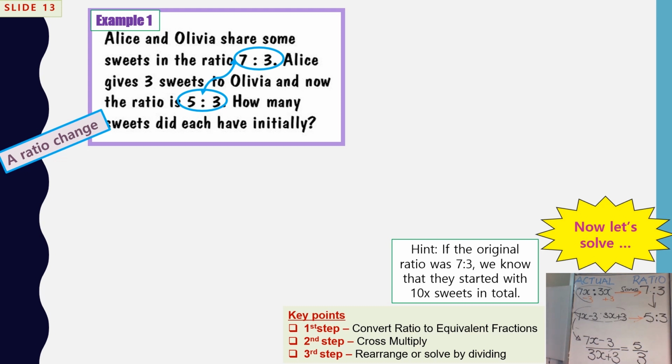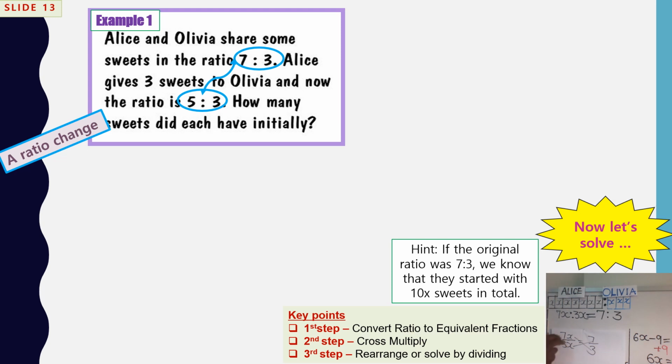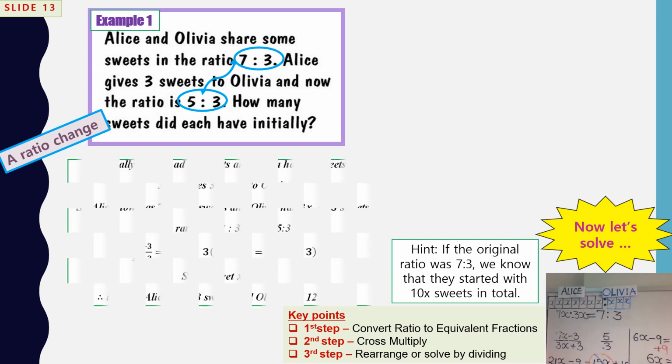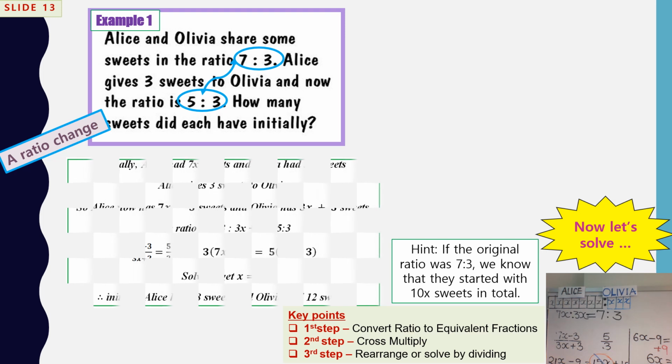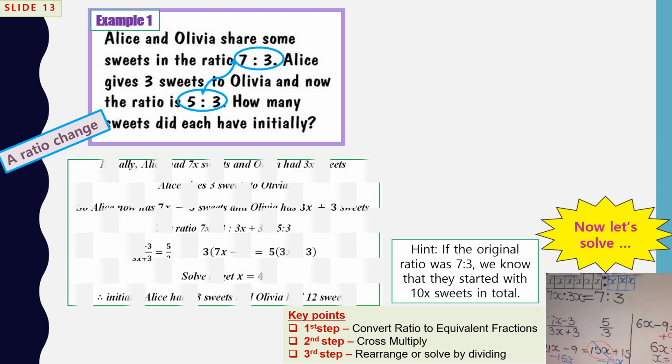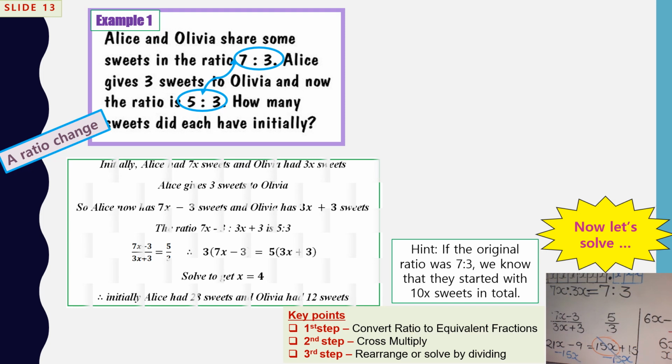The second point wants us to cross multiply. So if we cross multiply this, then we are obviously going to be left with 21x minus 9 is equal to 15x plus 15.